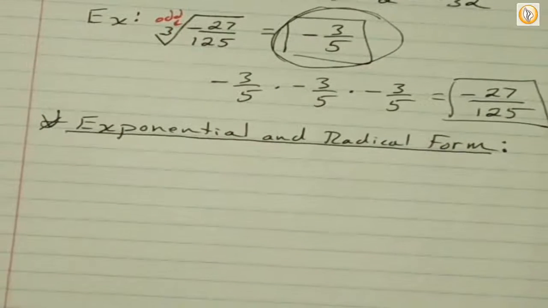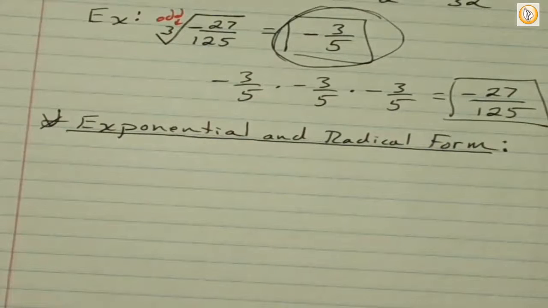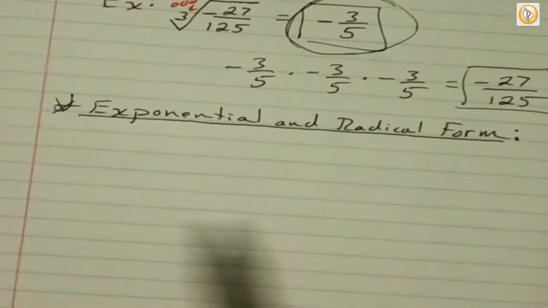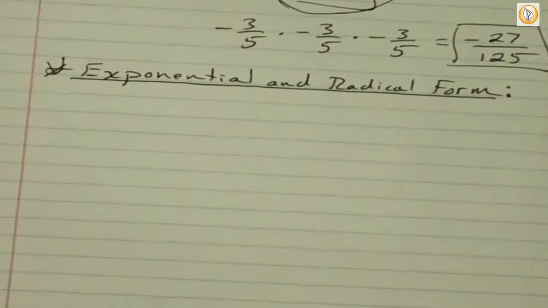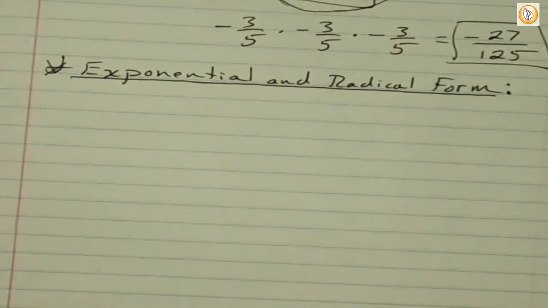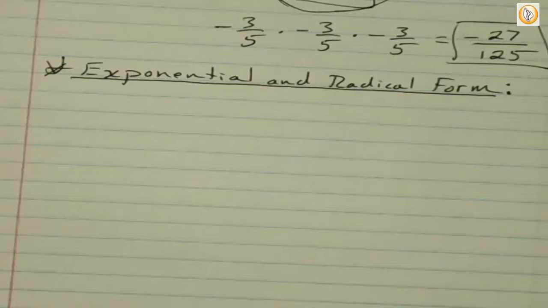Maybe at the beginning when I'm introducing it's still kind of crazy, but eventually with the practice and the problems we do, they start getting it. This stuff, they get confused on. So if I'm telling you that people get confused, then that's when you know I need to really focus on this. All right, exponential and radical form.